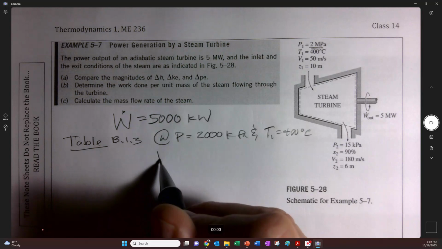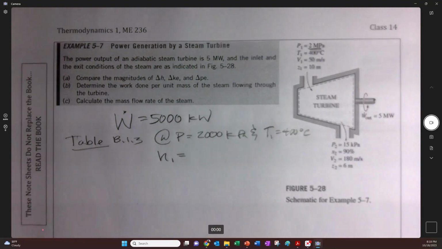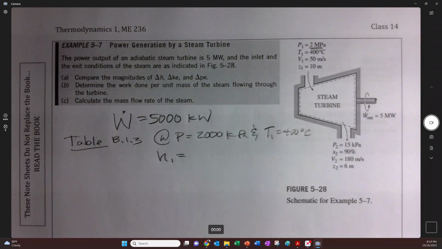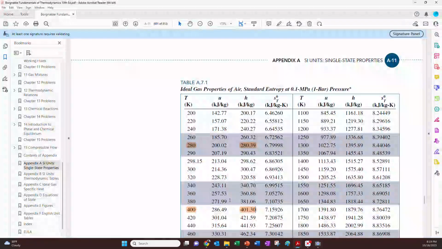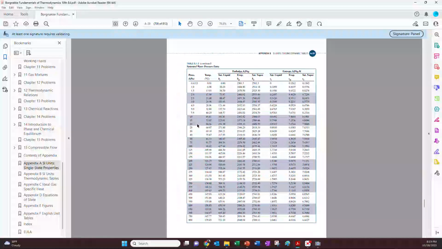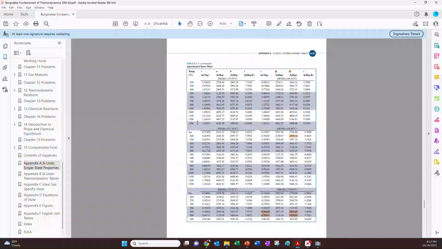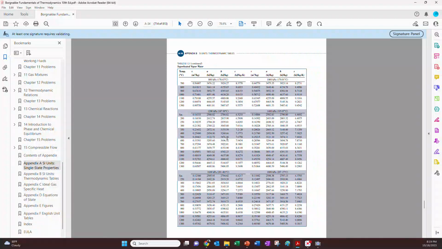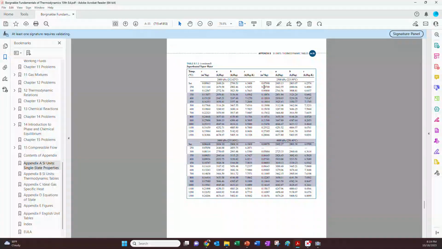I think I only need to find my enthalpy. So I gotta get rid of all those things in here. I can zoom. We want B.1.3, and this is at 2,000. Where are you at? 2,000. Boom.